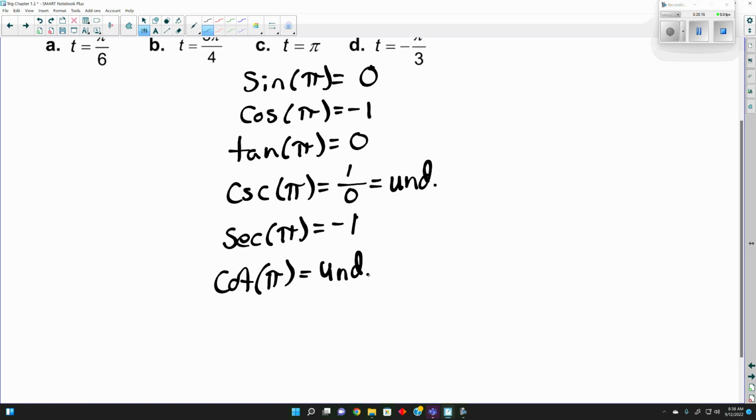If sine, cosine, or tangent is 0, if any or all of them are 0, its reciprocal is going to be undefined. So if sine is 0, cosecant is going to be undefined. If tangent is 0, cotangent is going to be undefined. Well, that also works the other way, because if, say, tangent's undefined, cotangent's going to be 0.